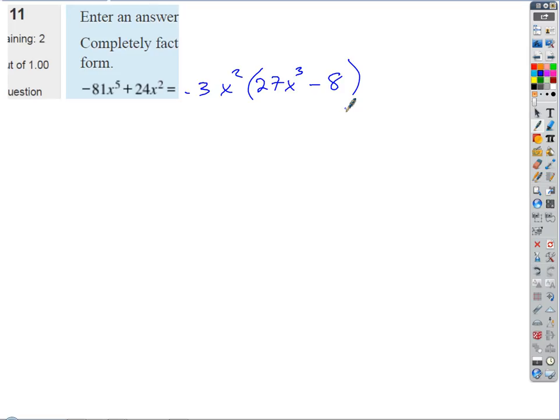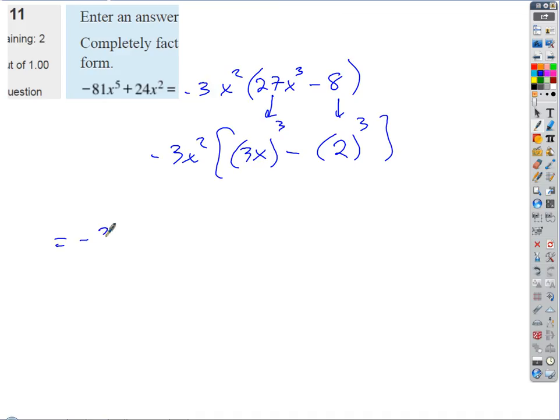What we're left with, does that fit a pattern? Okay, it'd be difference of cubes, right? So we got negative 3x squared times what cubed minus what cubed? 3x minus 2. Okay, so then now we've got our negative 3x squared, our monomial factor that will just sit out front. And what's this whole thing gonna break down into?